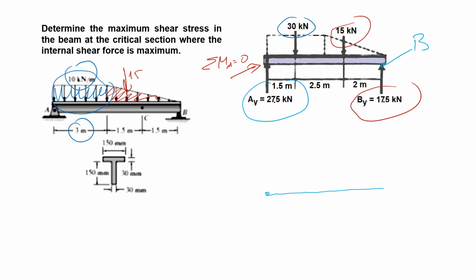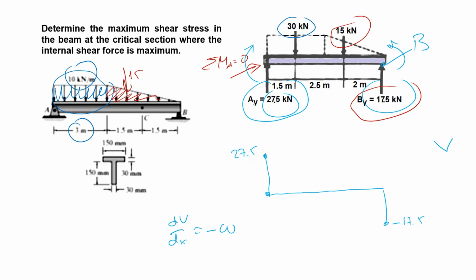Here I have 27.5 trying to rotate clockwise, so it is positive 27.5. Here, in the opposite direction, I have minus 17.5. These are the two points of V on the V curve. We know that dV/dx is minus the distributed force.